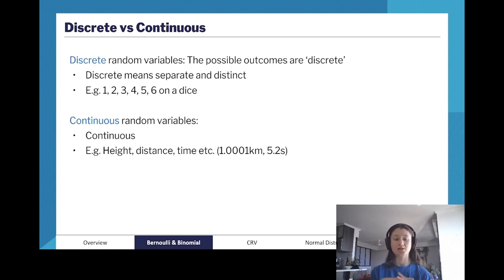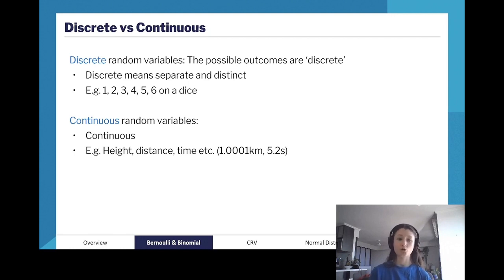These are discrete outcomes because you can't get 1.5 on a dice. You can't get anywhere between these values. You can only get these values. In other words, there are a set number of outcomes, right? So, here there's 6 outcomes, right? If you're picking marbles out of a bag, there might be a certain number of outcomes, and so forth.